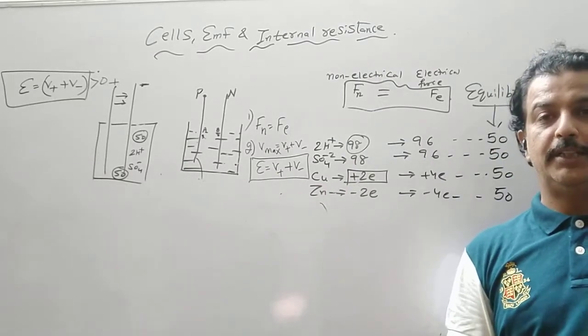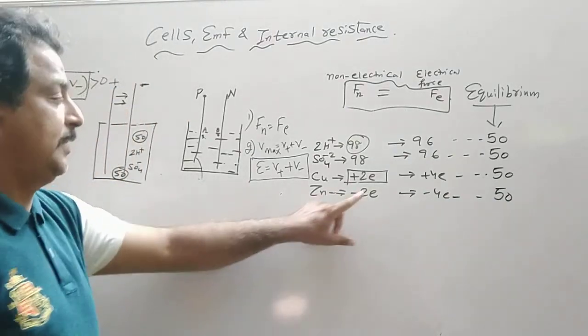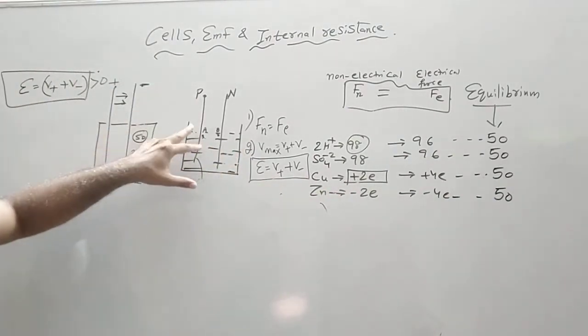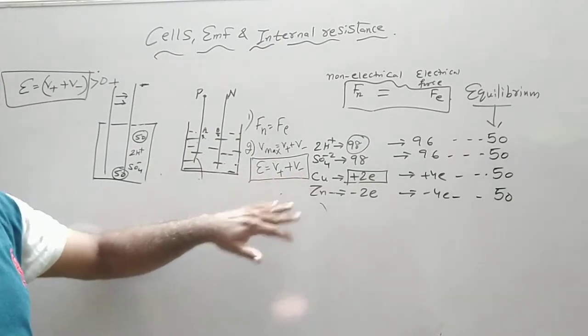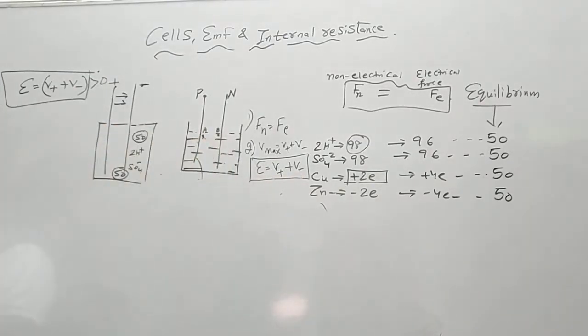These are the two conditions for a cell, where V plus is simply the potential difference between the copper rod and the electrolyte. What is V minus? It is the potential difference between the electrolyte and the zinc rod.